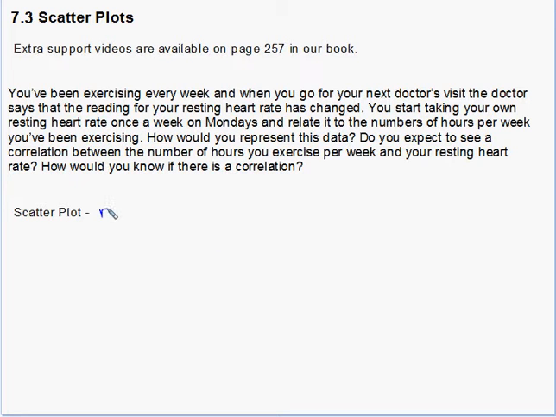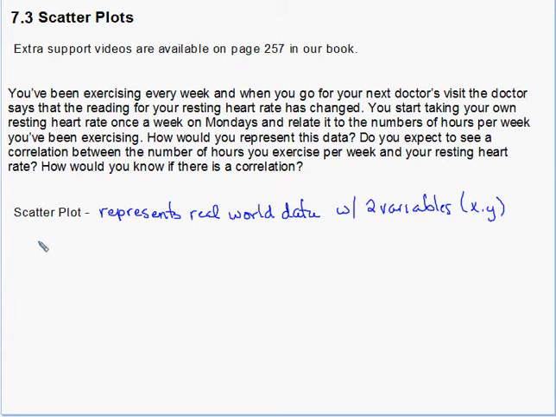Okay, so scatter plots are for real world data with two variables, which are an ordered pair. The data will not generally fall in a straight line.